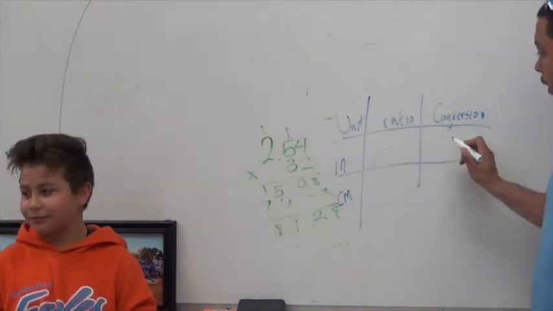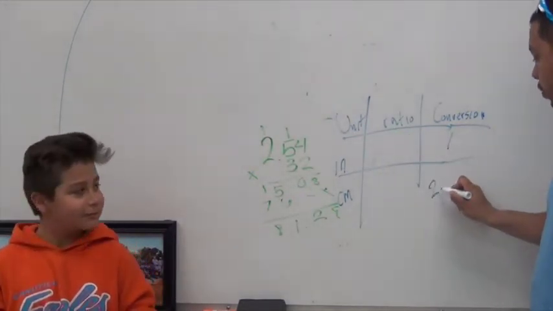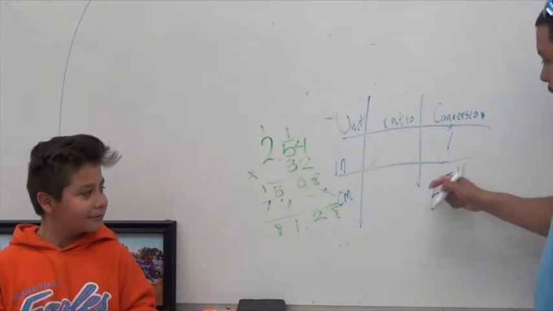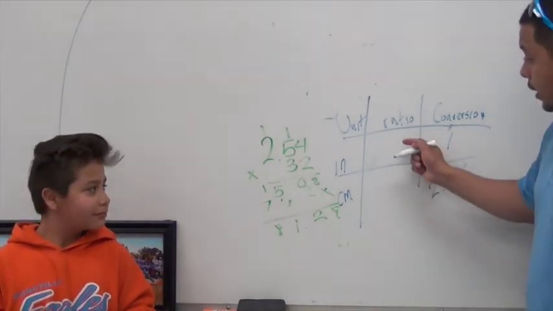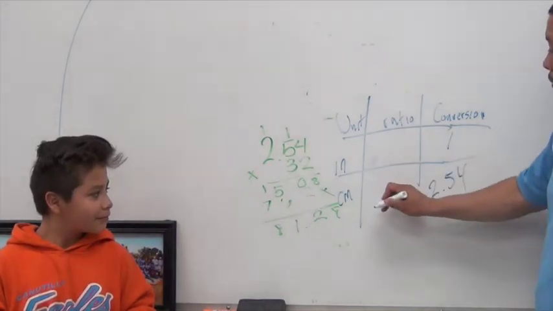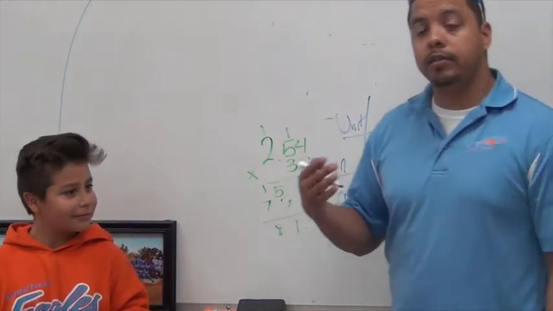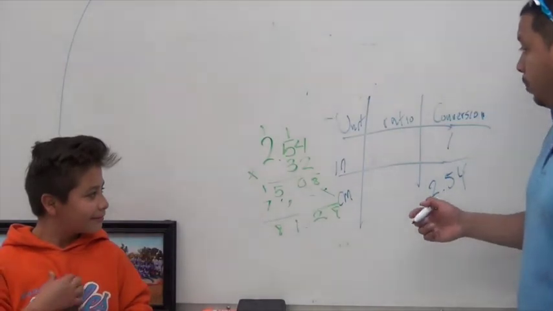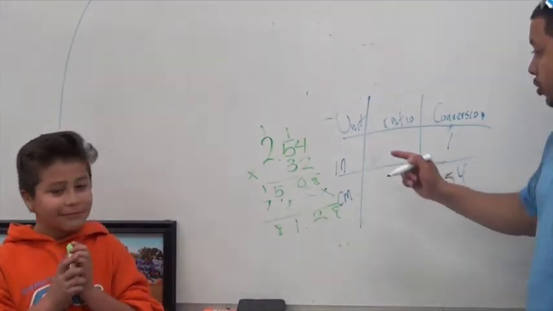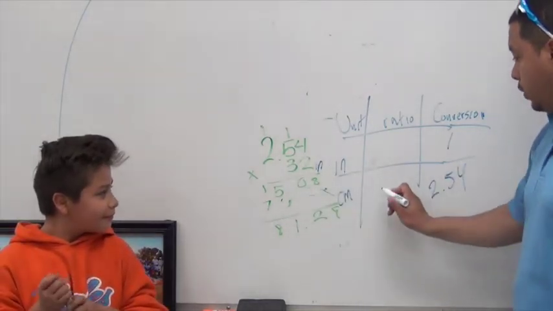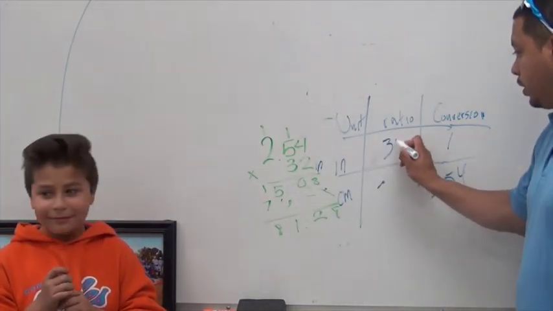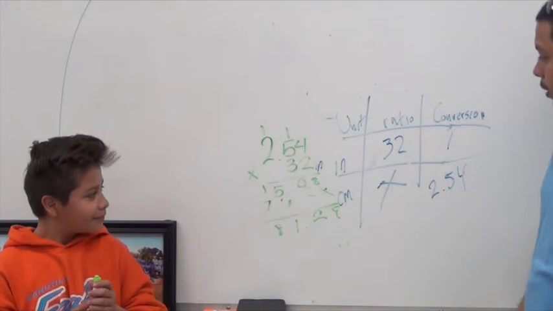The conversion is every 1 inch equals 2.54 centimeters, right? Every 1 inch equals 2.54 centimeters. And here's where you actually write the problem. So out of this, I don't know if you remember, we're going to set up a proportion. But the problem gives you 32 inches, right? 32 inches. And you're trying to figure out how many centimeters that would be.